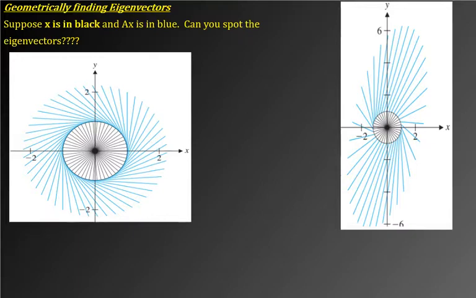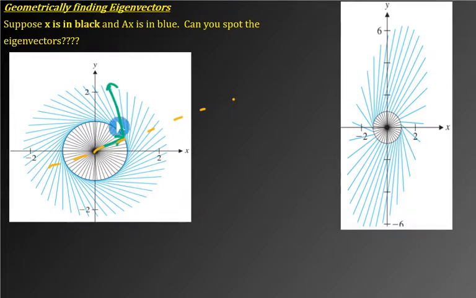And the question is, can you spot the eigenvectors in the problem? If I take, say, this one, and then from it this one, the eigenvector for this original vector x just needs to stay in the span of that vector, which is that line right there.